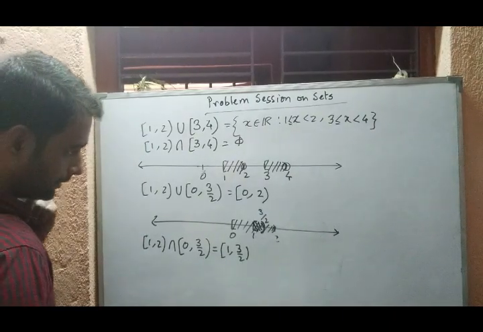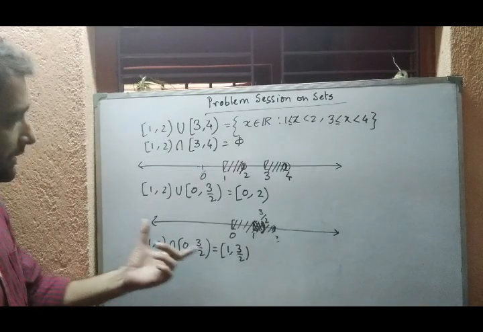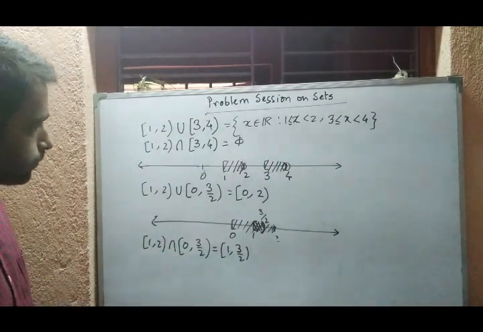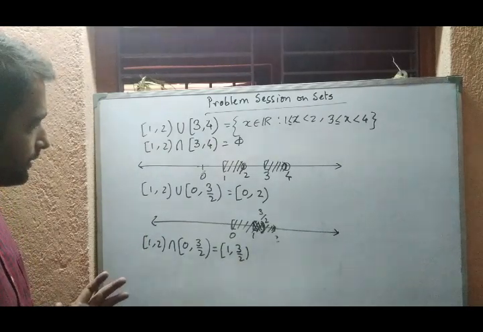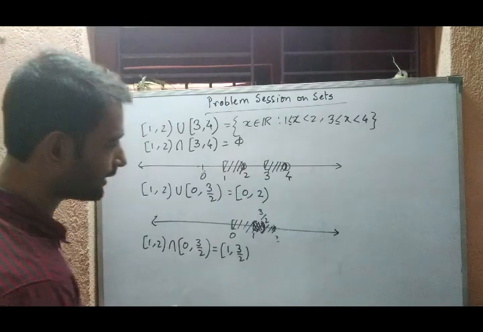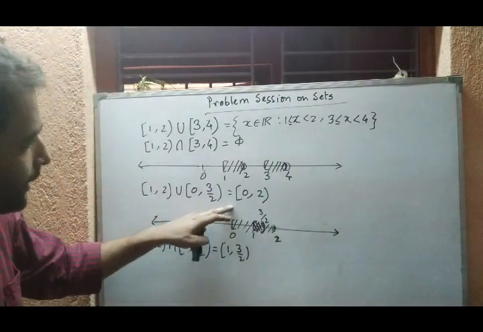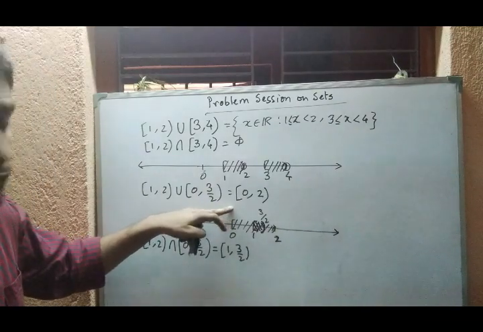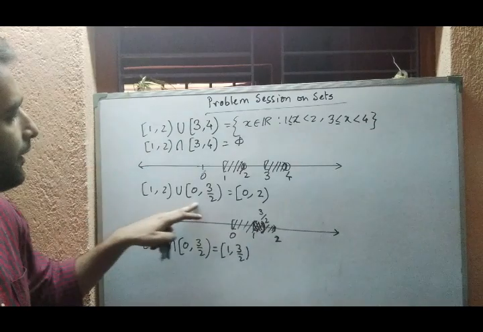Okay, so one thing you see: if the intervals are intersecting, then for their union, the left-hand point will be the minimum of the left-hand points of the given intervals.